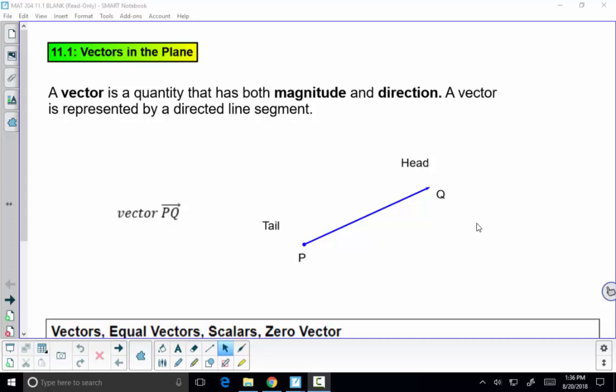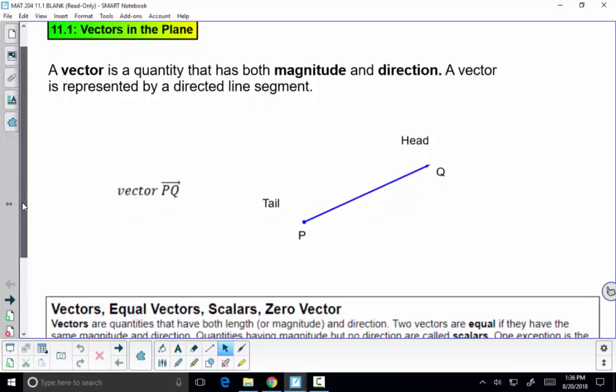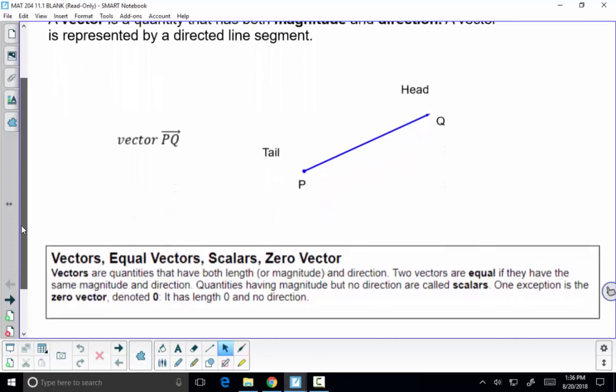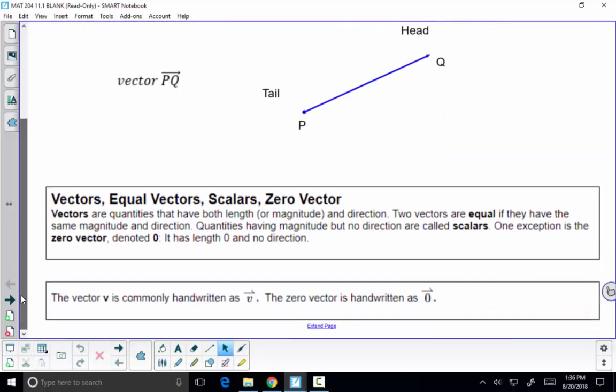Usually we talk about the initial point and the terminal point, or the tail and the head, and we write the vector with the initial point first and the terminal point second. And typically in a textbook, they're just going to write a vector with a bold letter U, V, or W. But when you're writing it on paper, you can't really do that, so we put the little vector symbol above it.